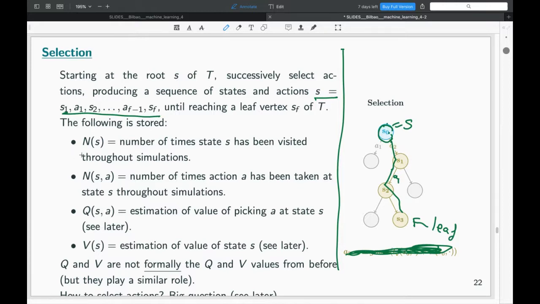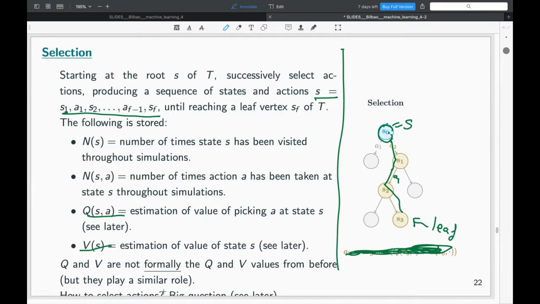The following information is stored. You want to store the number of times a state S has been visited throughout all simulations, and the number of times an action A has been taken at state S. You also want to store estimations of the value of a state S, which we will discuss later, and estimations of the value of picking action A at state S. So Q and V are not the Q and V from the previous algorithms, but they play a similar role.